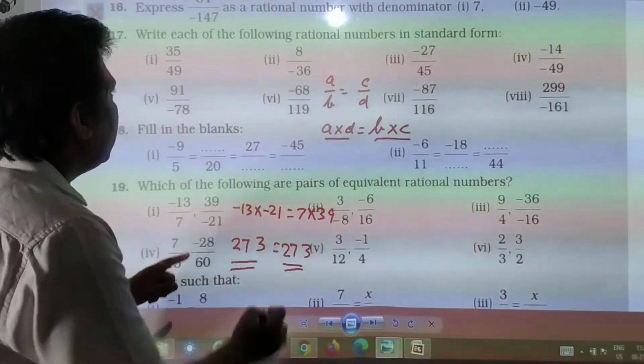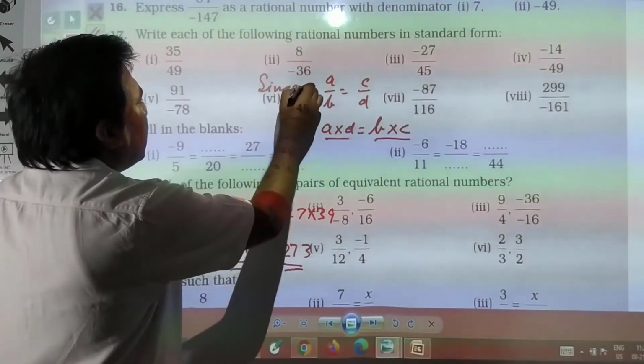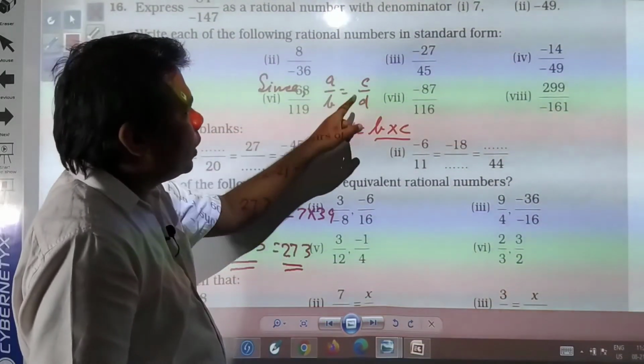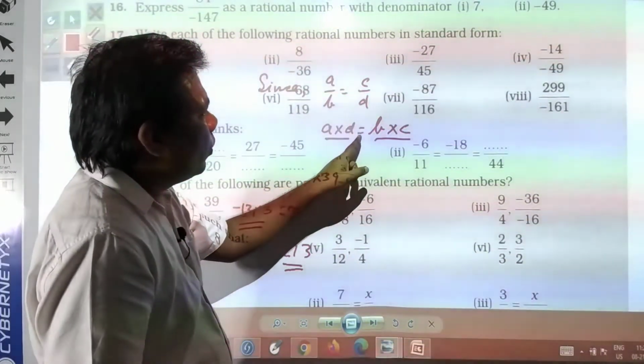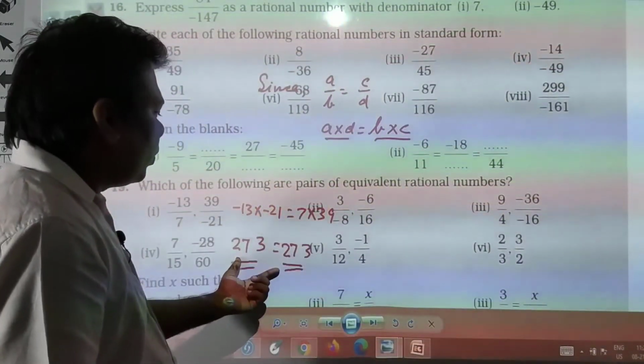So how will you write? You will write, since a by b is equal to c by d, then a into d will be equal to b into c. So this has been verified over here.